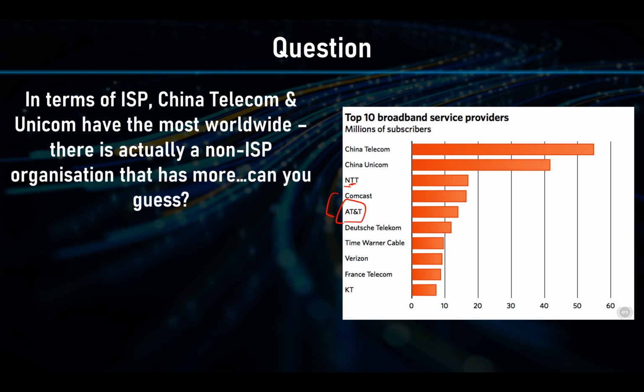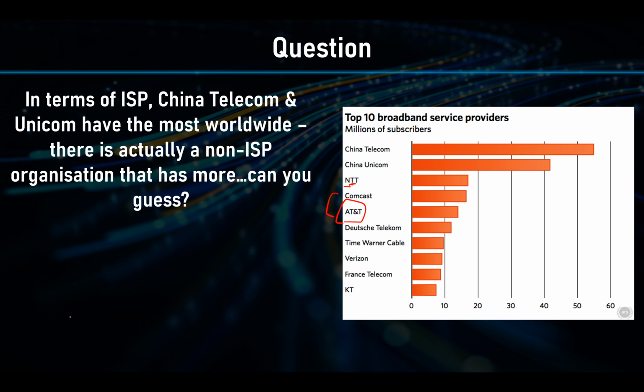And Bell Labs have made a huge number of inventions, including, for example, Ethernet. They also invented the transistor. I think probably they had a lot to do with Wi-Fi. They also invented Unix, which obviously led on to Linux variations. Obviously Deutsche, that's going to be German. Time Warner, probably American, Verizon, I think American. Obviously France, and KT, probably Korean.